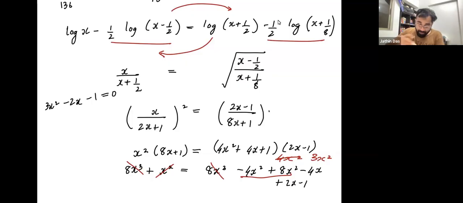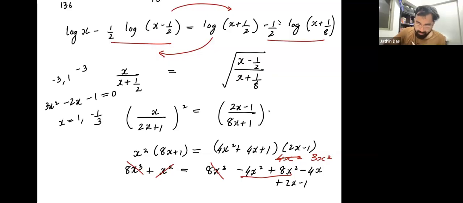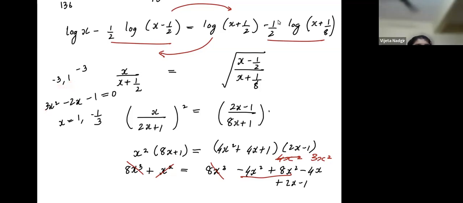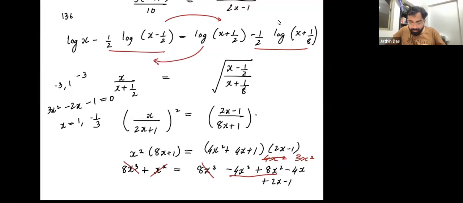Okay. Now here the product is minus 3. So I think you can write minus 3, 1. Correct? Becomes minus 2. So minus 3, 1 means the roots will be x plus 3, x minus 1 and minus 1 by 3. I change the sign and then divide it by 3. Okay. So x is equal to 1 and minus 1 by 3.